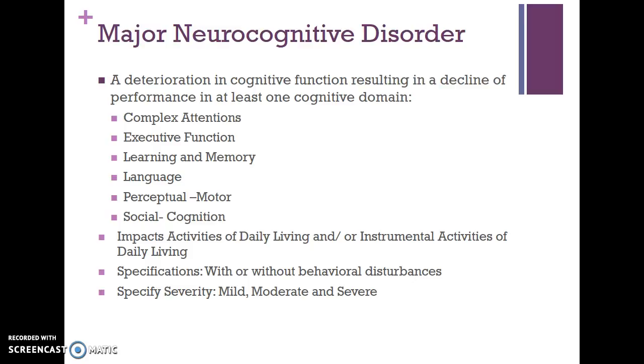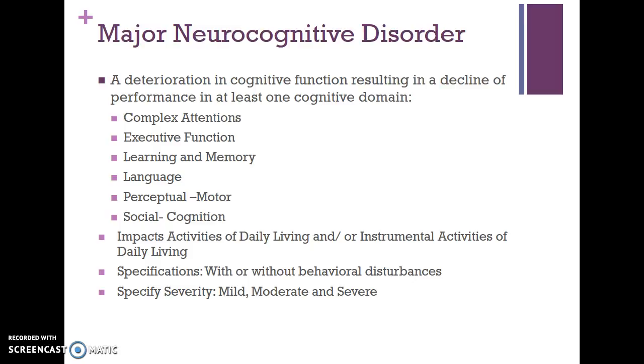This usually has to do with the extent of the decline of the cognitive domain and how that decline has impacted function. So, for instance, you may diagnose someone with a mild neurocognitive disorder if they just need some assistance with bill pay because they're having difficulty remembering their bills.